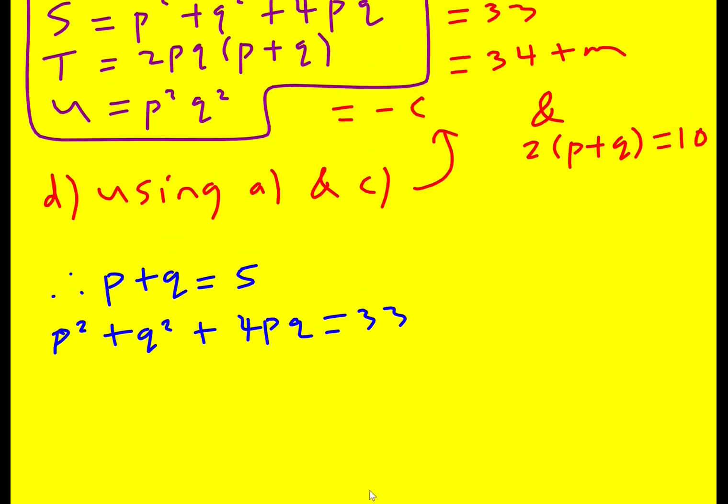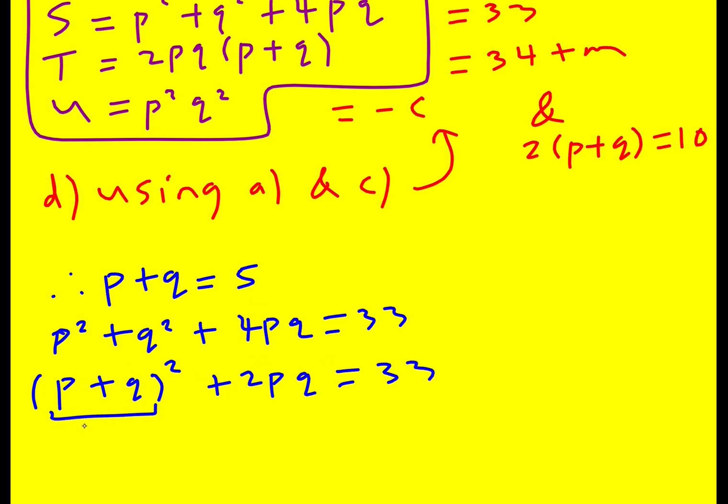I can actually factorize this partially. It's going to be P plus Q all squared plus 2PQ is equal to 33. This will give me P squared plus Q squared plus 2PQ, so this will all work out.